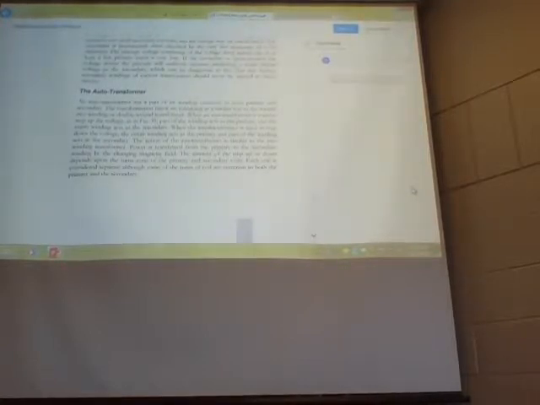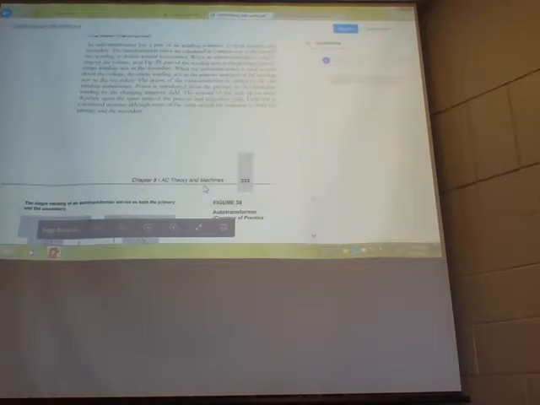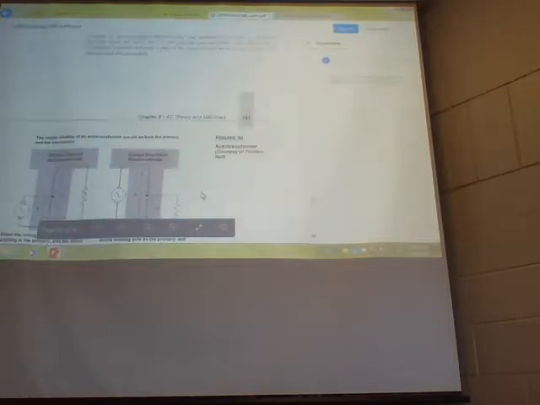When an auto transformer is used to step up the voltage, part of the winding acts as the primary, and the entire winding acts as the secondary. When used to step down the voltage, the entire winding acts as the primary, and part of the winding acts as the secondary.